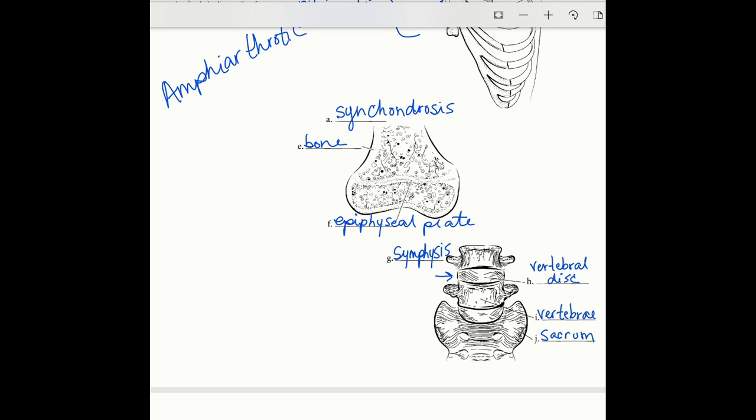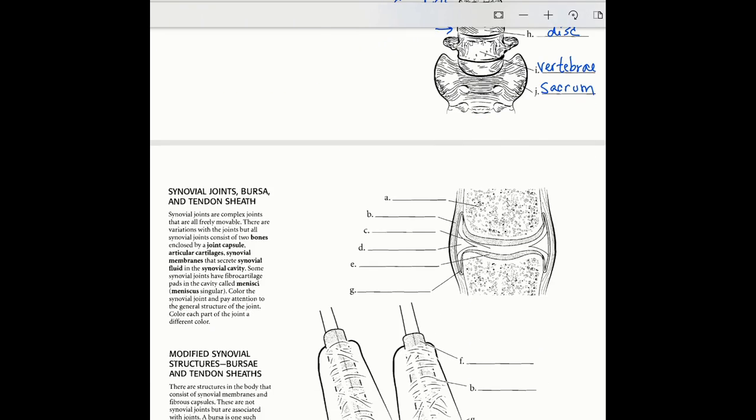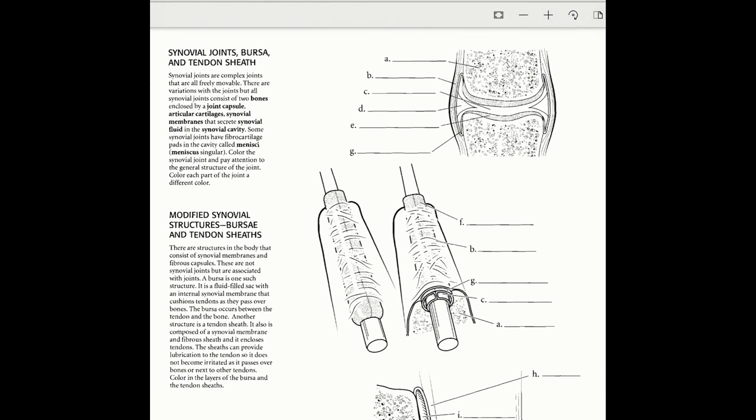The last section we're going to cover is our synovial joints. These are our diarthrotic joints, diarthrotic meaning that they are freely movable. Before we really get into the types of freely movable joints, we should talk about the features that each of these joints will typically have. If we look at this top image here, we have a section of bone.